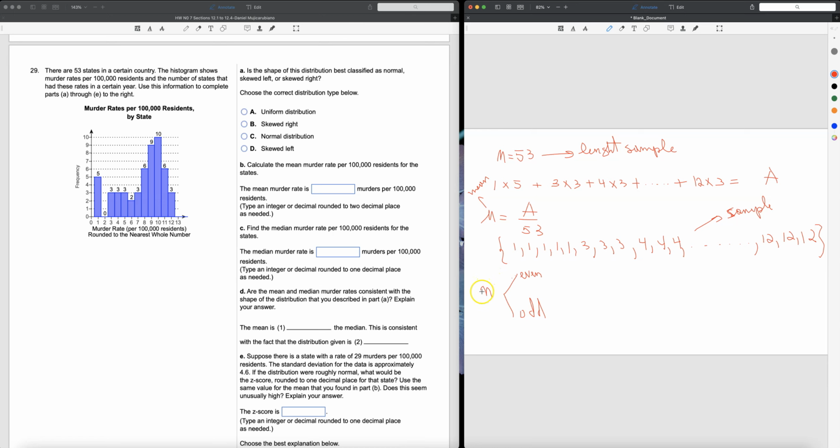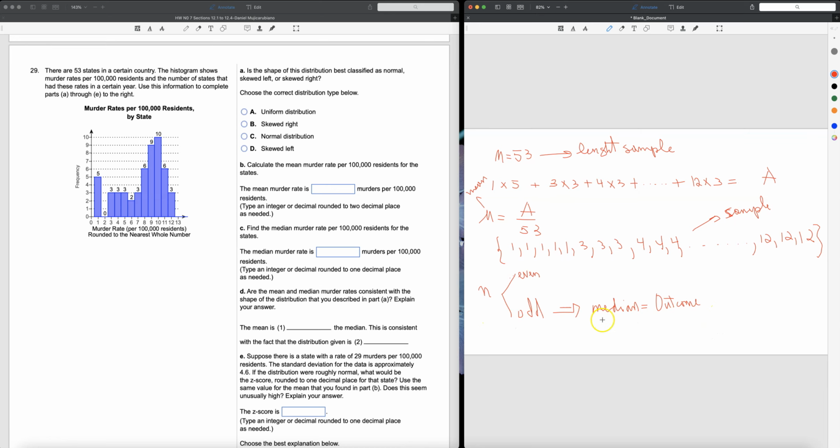So in this case, n is 53, an odd number, so that position is going to be the median, and I'm going to put it here: median is going to be equal to the outcome of my survey just in the middle of the list.